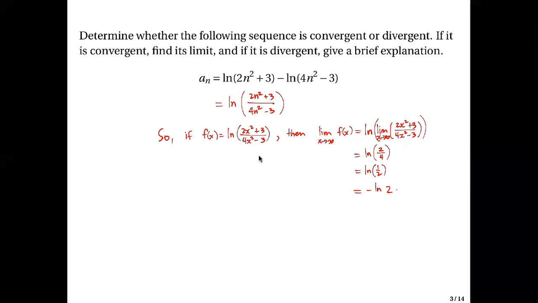So that's why we define a continuous function instead of working only on the sequences where the domain is just the set of integers. So the limit as n approaches plus infinity of a sub n is also equal to negative ln of 2. Questions?